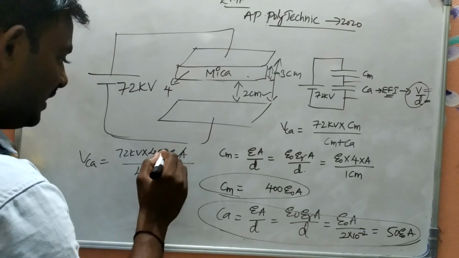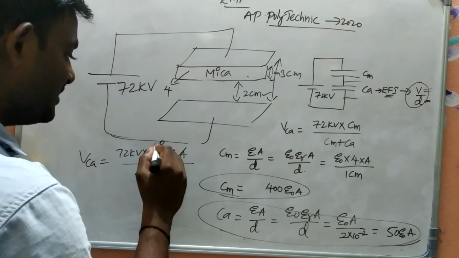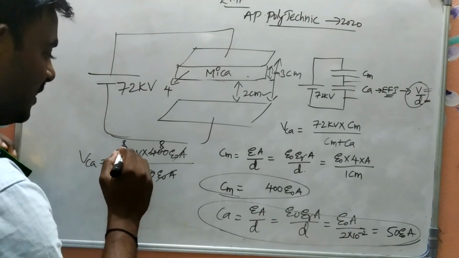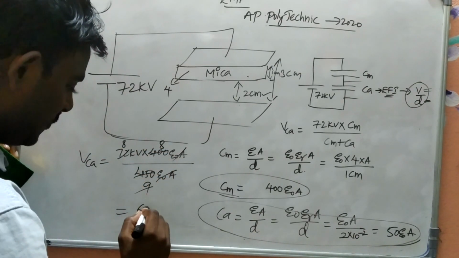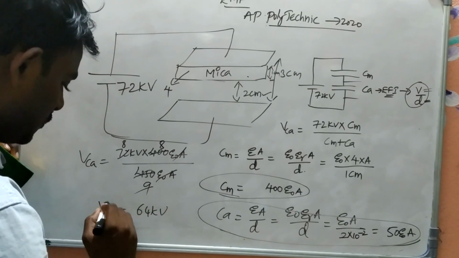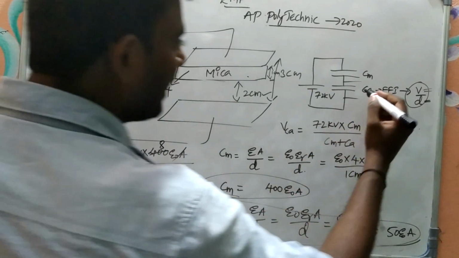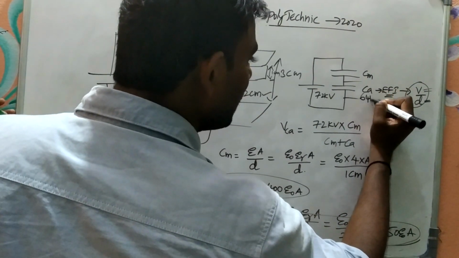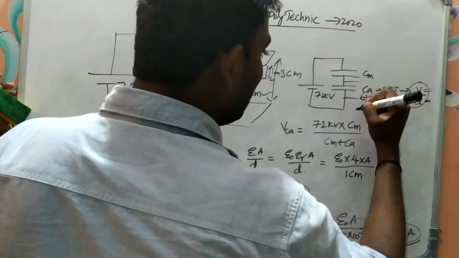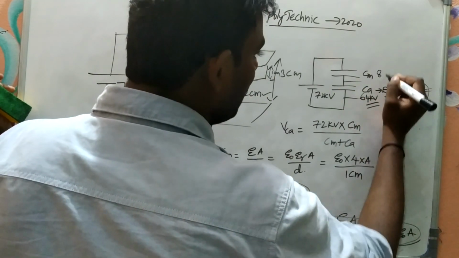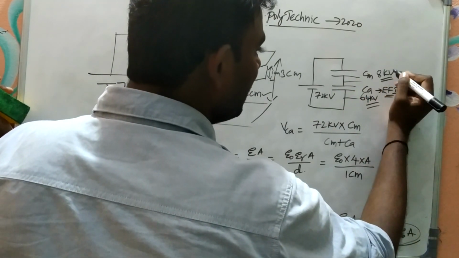I can cancel these 5s and 9s: 9 ones, 9 eights. So 8 into 8, 64 kilovolts. So the potential applied across the air capacitance is 64 kilovolts, and out of 72, the remaining 8 is available at Cm.